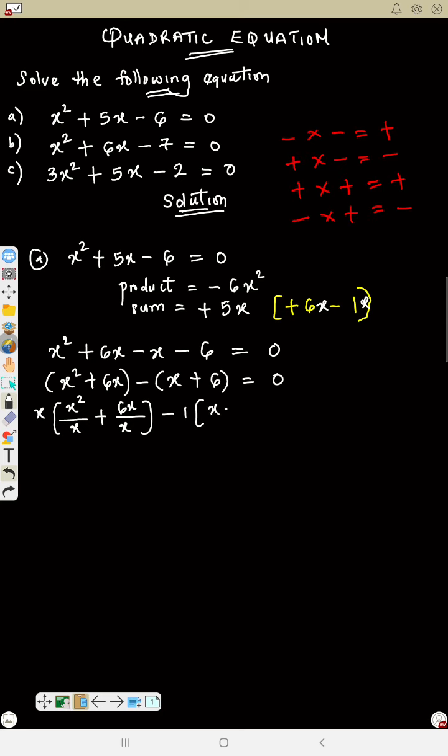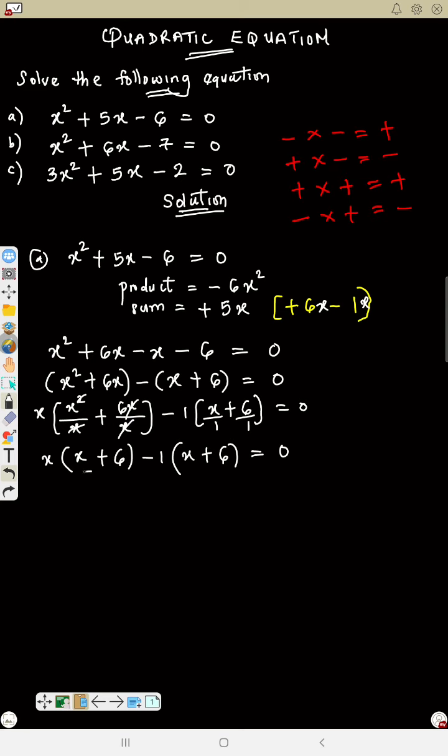So that will be x plus 6, because it's like over 1 equals 0. So we now have x, then plus, s plus 6 minus 1, then s plus 6 is equal to 0.